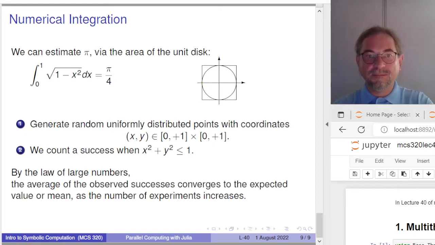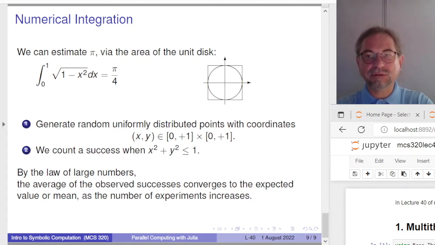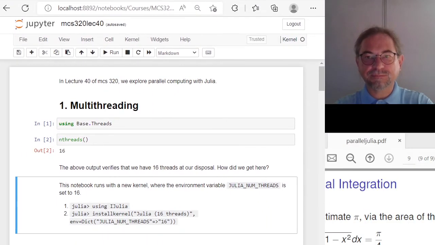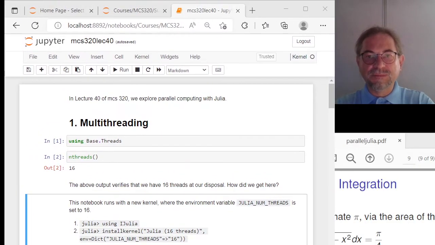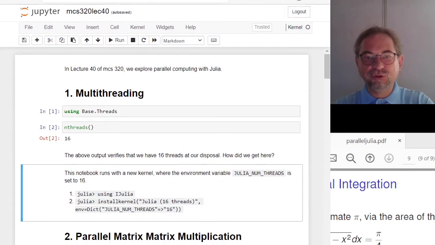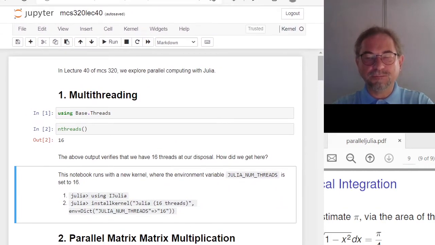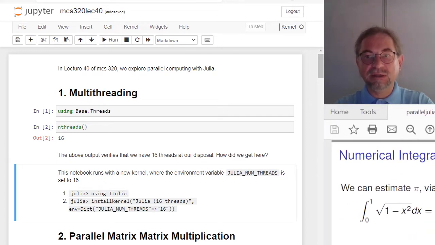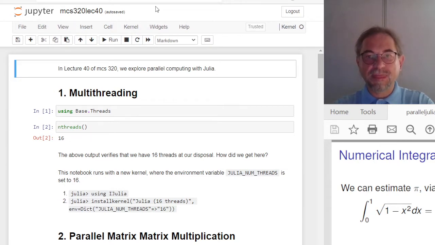So I will now switch to a Jupyter notebook, swap out the slides for what I have prepared. I will run this Jupyter notebook just by scrolling through, first indicating the main step, what I did.